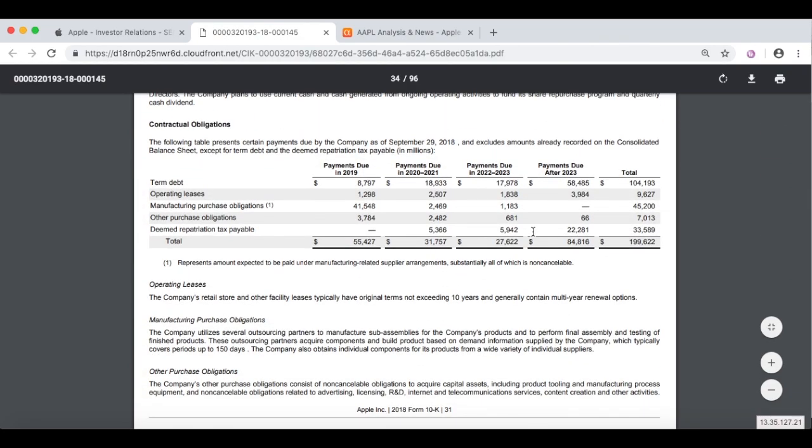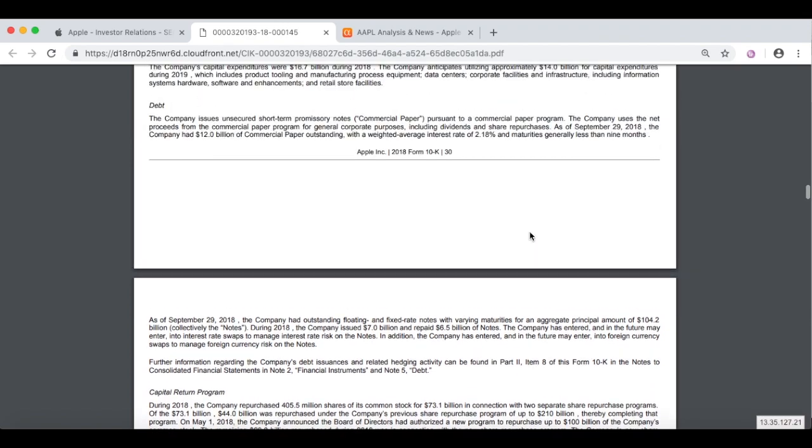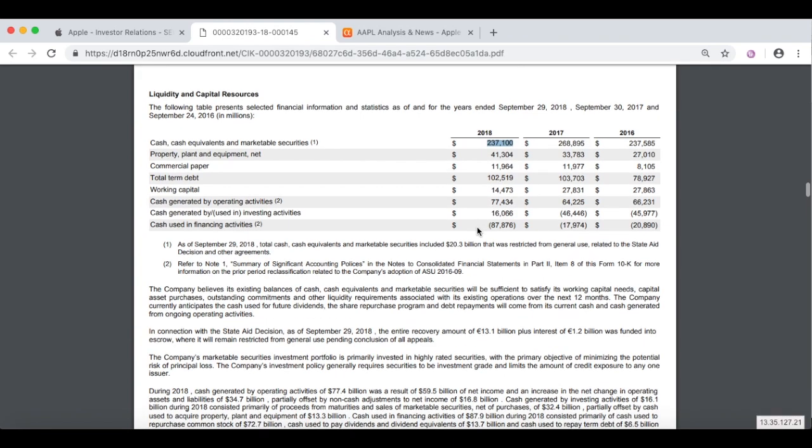Again, debt, traditional finance, personal finance especially. Oh my God, you have so much debt. Oh my God, you have $100 billion in debt. You're crazy. Not in this case. I'm showing you a case. This is what's great about a great example, and I'm glad you're watching this video. This is an example of where debt is very, very manageable for this company.